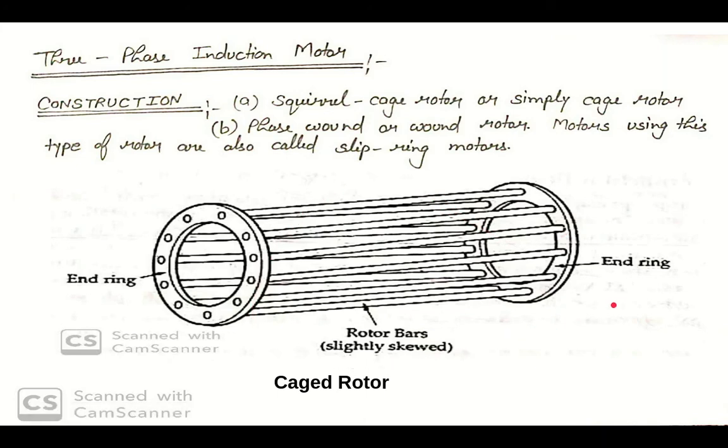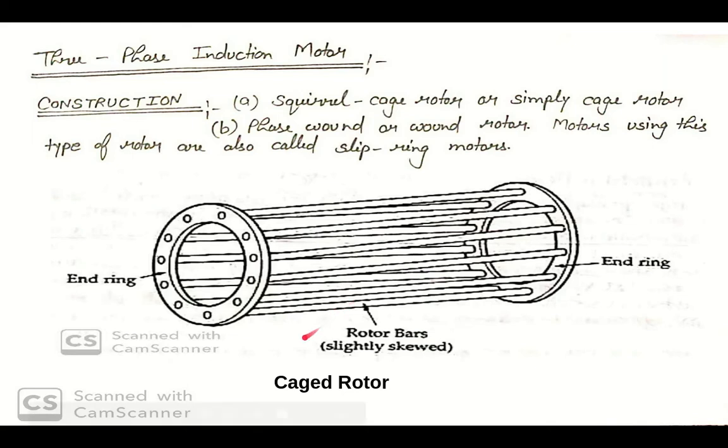Now what is a cage rotor? It consists of a cylindrical laminated core with slots nearly parallel to the shaft axis. Each slot contains an uninsulated bar conductor of aluminium or copper.